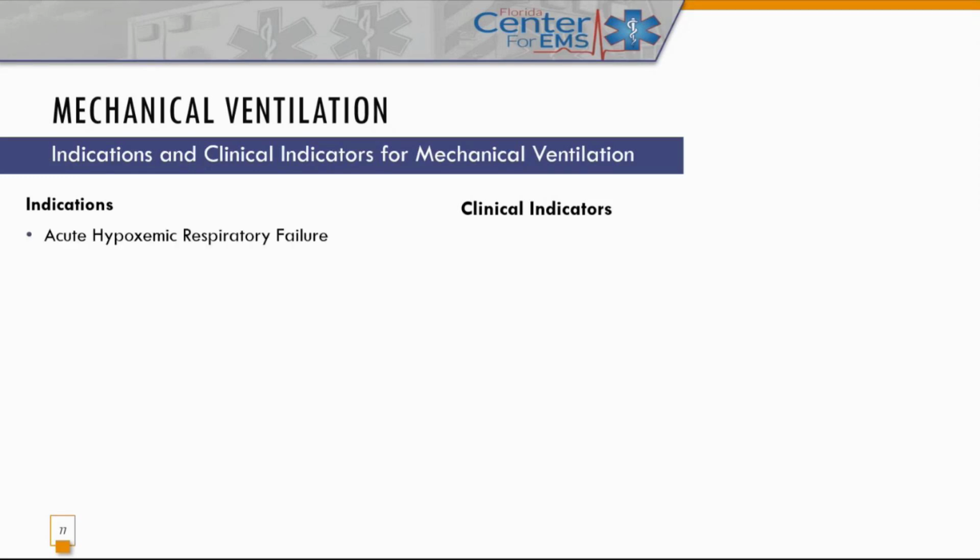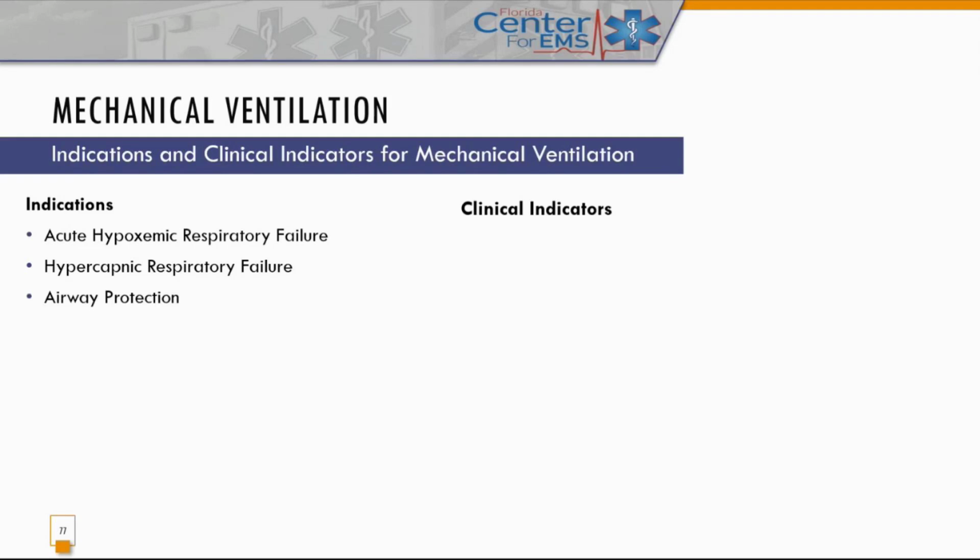So indications for mechanical ventilation: acute hypoxic respiratory failure. The patient's gone into failure, they can't control their CO2, it's rising rapidly. Hypercapnic respiratory failure is the CO2 going up. So we got the first one being your oxygen down, second one being your CO2 going up.